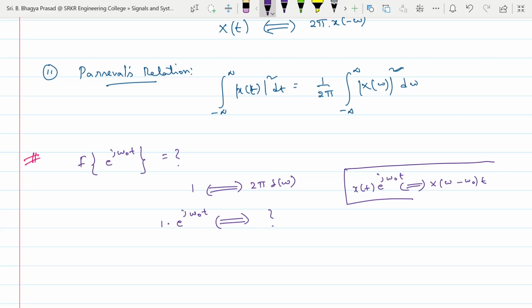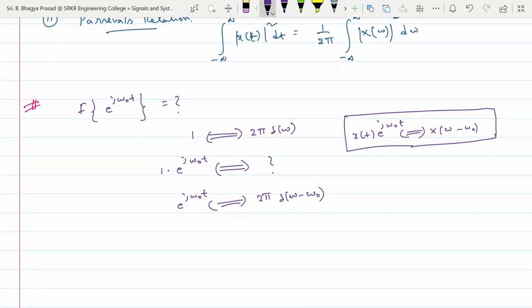By using this property we can solve this one. In place of x(t) we have 1, whose Fourier transform is 2πδ(ω). So we simply go for X(ω−ω₀). So the Fourier transform of e^(jω₀t) is 2πδ(ω−ω₀).